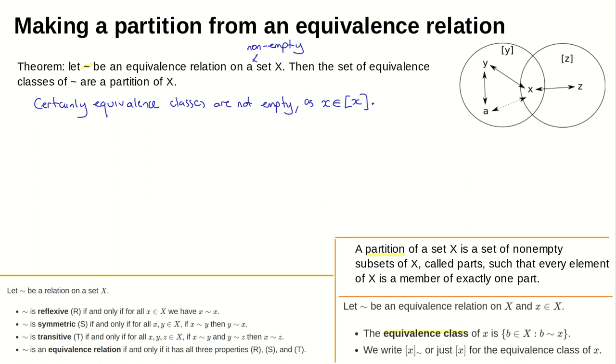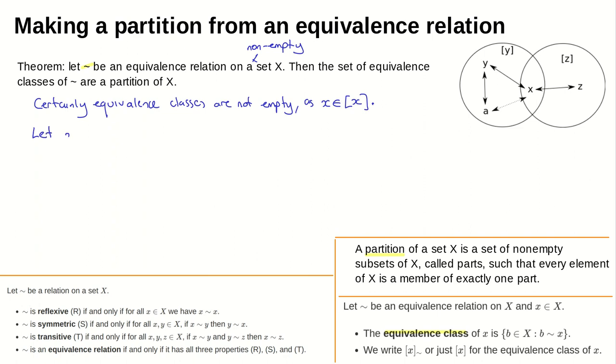We now have to show that every element of big X lies in exactly one equivalence class. So in other words, what we have to prove is that if an element of big X lies in two equivalence classes, then actually those equivalence classes are equal. So let's write that down.